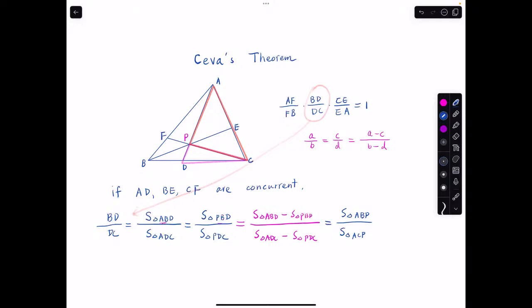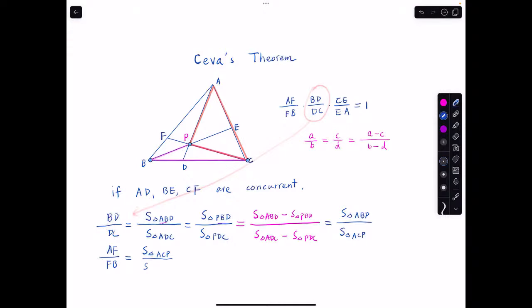I'm going to skip the steps, but you may want to derive it offline here. So I claim that that's going to be equal to the area of ACP over the area of wait, this may be wrong here.